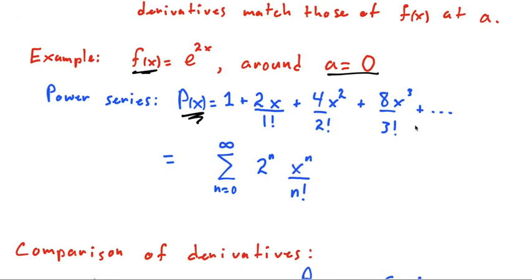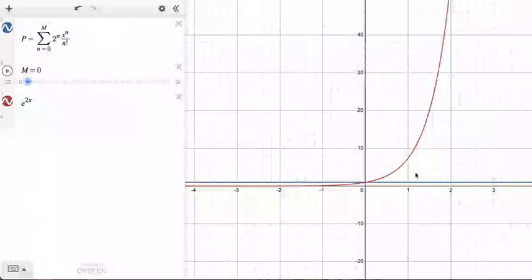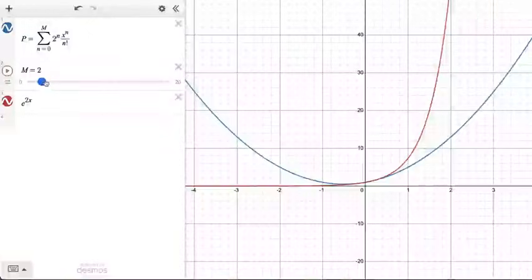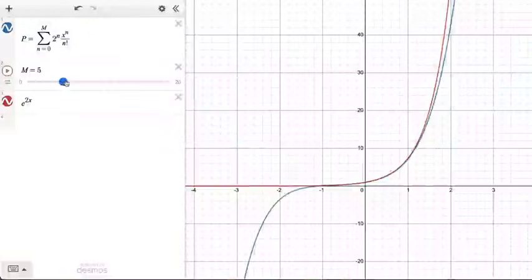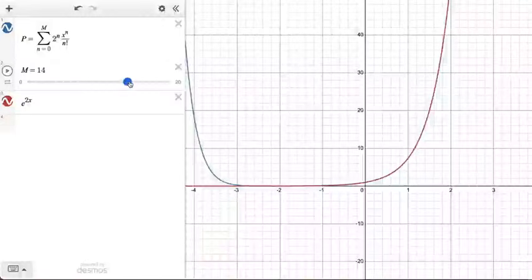Let's take a look at this comparison in Desmos. Here we have the original function in red, and we have the power series given in blue. If we increase this value for m, that will give us more and more terms of the power series. And notice that as we increase more terms of the power series, the graph begins to look more and more like the graph of e to the 2x.